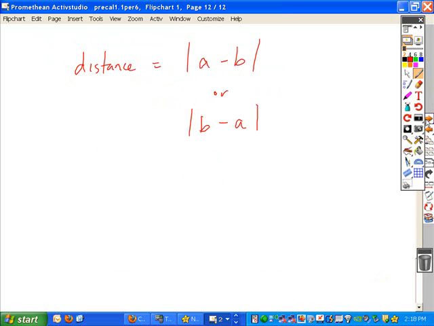Anytime you see the difference of terms inside of an absolute value, you can switch them. So if I gave you the absolute value of root 7 minus 3, how else could you think of this? Absolute value of 3 minus root 7. It doesn't matter.